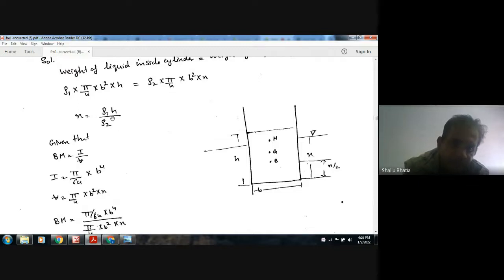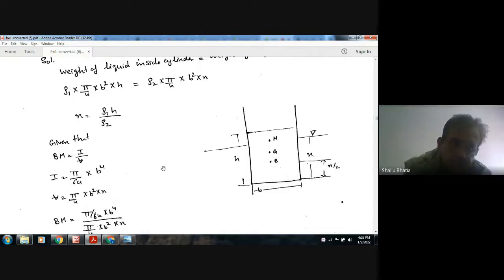Now B is the center of buoyancy. Let B be the center of buoyancy, G the center of gravity and M the metacenter. This distance is x by 2, because it is from the bottom to the center of buoyancy.